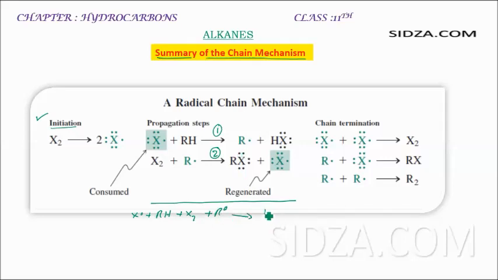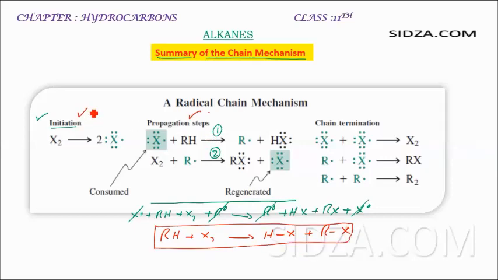You get the R free radical plus HX plus RX plus X free radical. So we can cancel out these two, and this one and this one also, and the net reaction will be: alkane plus halogen molecule reacts and forms HX, the halogen acid, and the alkyl halide.